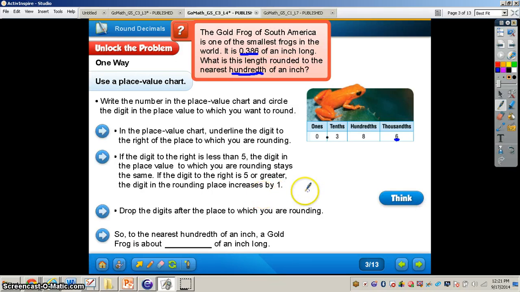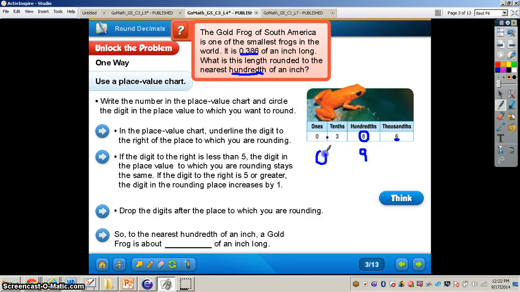So we can see within this problem that the digit to the right of my hundredths place is 6. So that is greater than 5. Because that 6 is greater than 5, we're going to change that 8 to a 9.